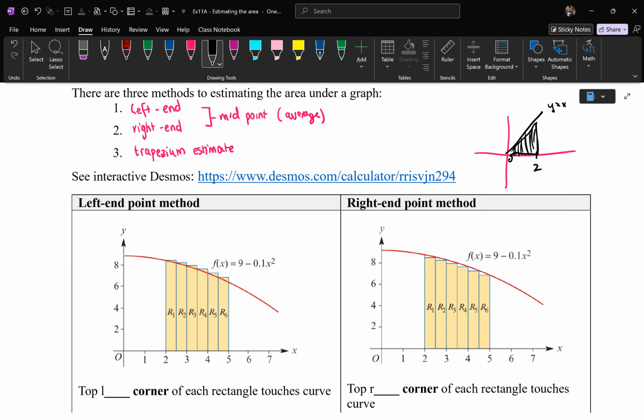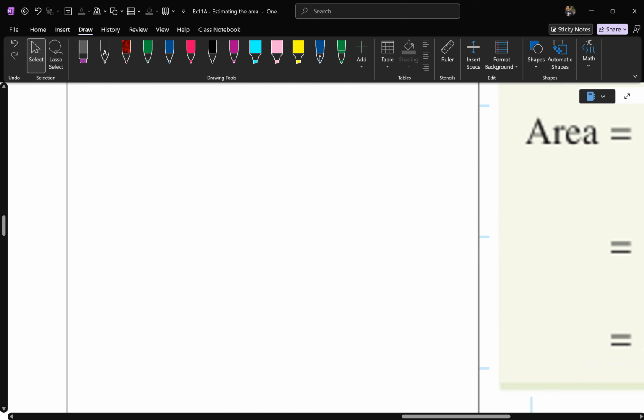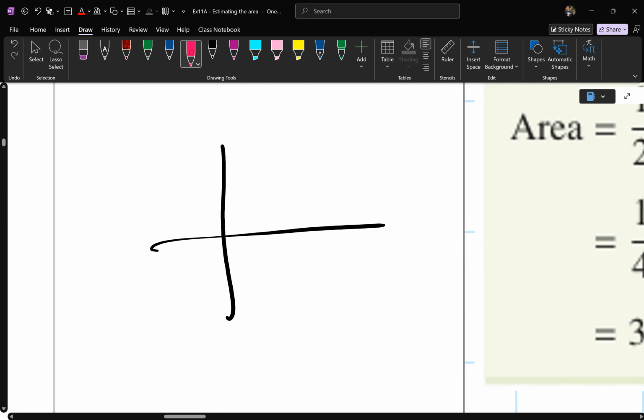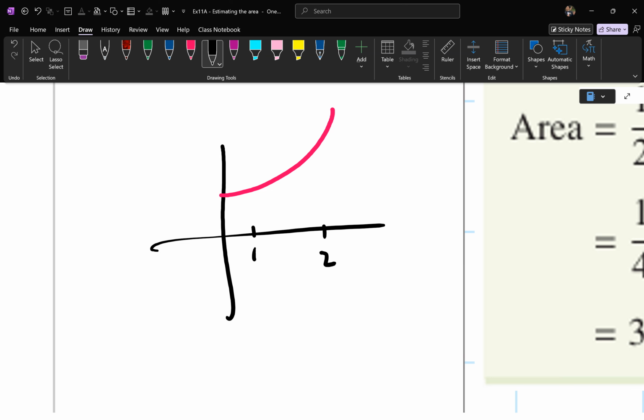The problem arises when you have a curve where it's continuously just slightly less. So if you draw a rectangle, there's always going to be a bit left over. But how you draw those rectangles matters. And this is what they were saying. They were saying, all right, well, if we made rectangles, so let's say a curve, if I drew a curve that looked like this, and yes, let's say between 1 and 2, and I want to know the area under these two.